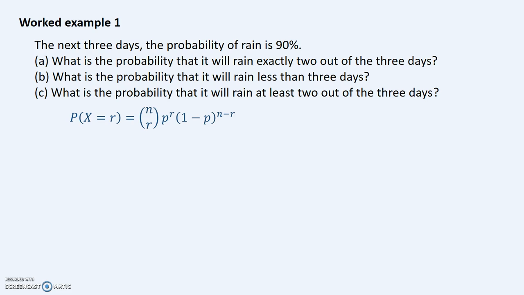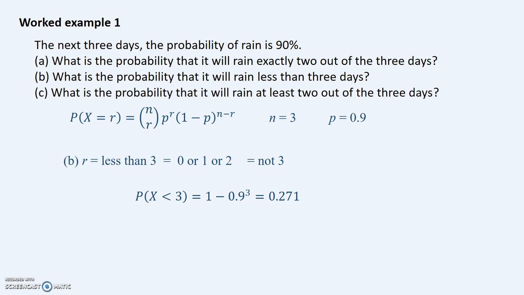Now let's do rain on less than 3 days. Less than 3 means 0 or 1 or 2. So you'd have to find the 3 of them and add them up. Or just remember that less than 3 means not 3. So what we're going to do is 1 minus the probability of raining 3 days.